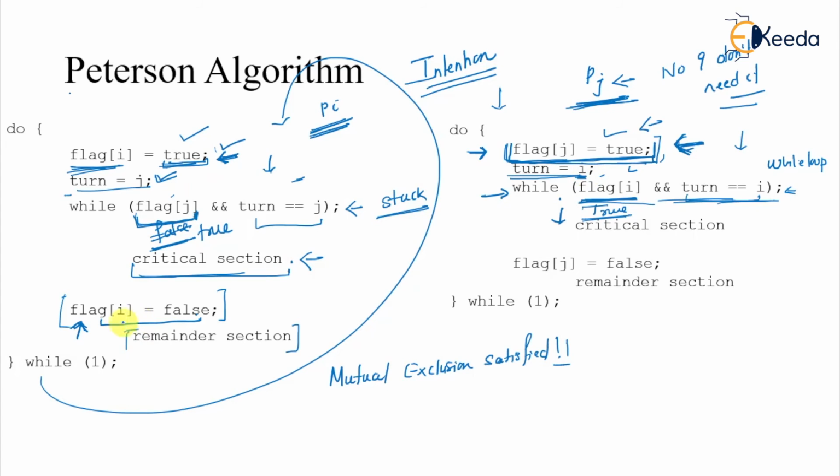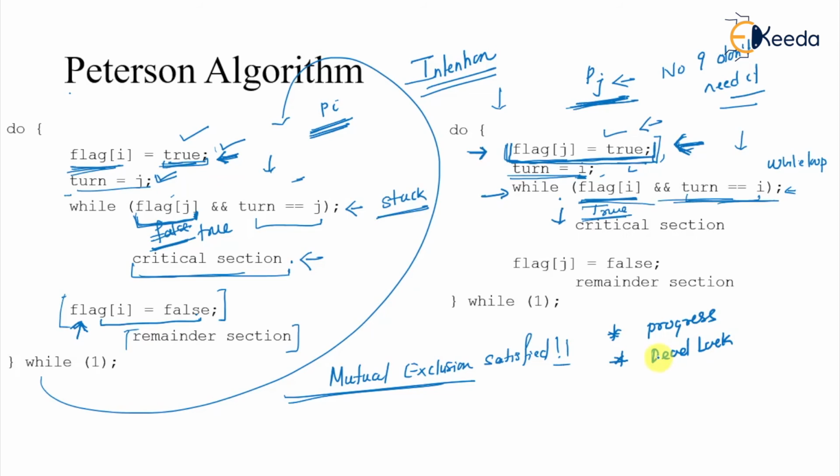If one process is not at all interested, then the other process can infinitely go into the critical section. So mutual exclusion I already told you. Progress, I told you that one process can infinitely be in the critical section.